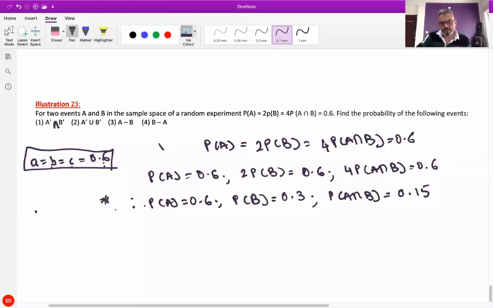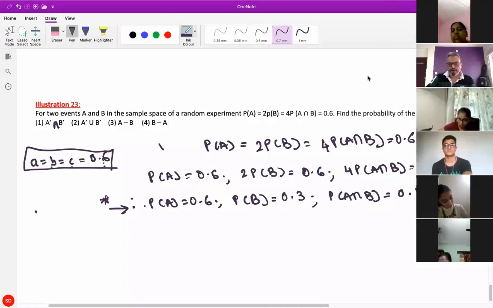Important: the first step is you have to find all of them. Got it, all of you? Please write, then we proceed.